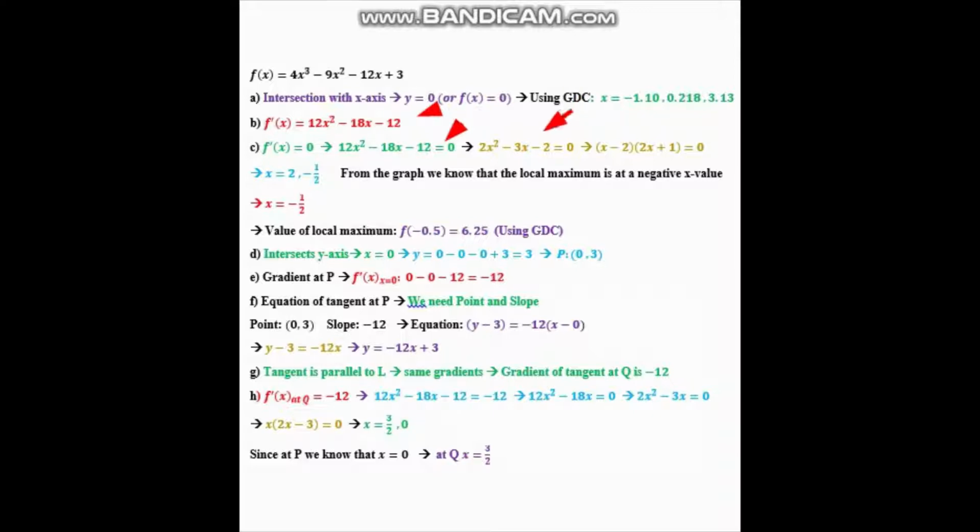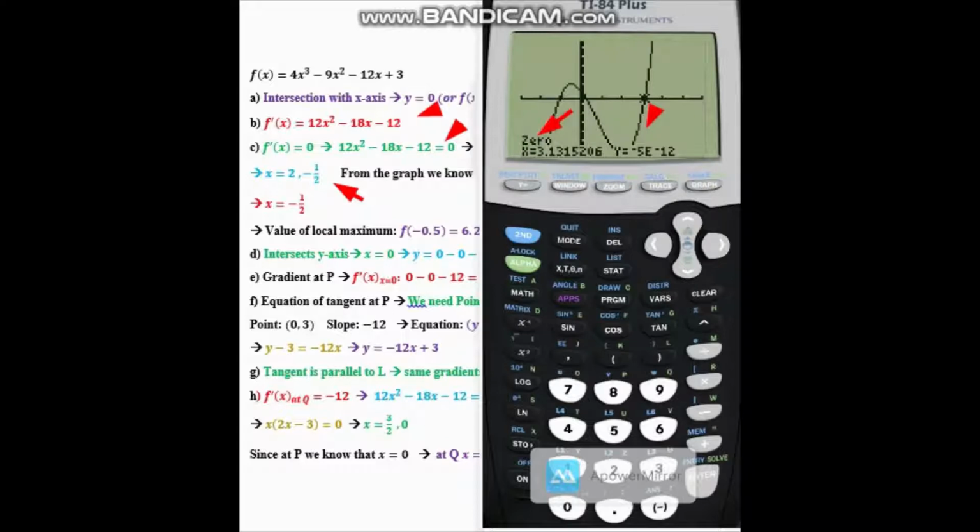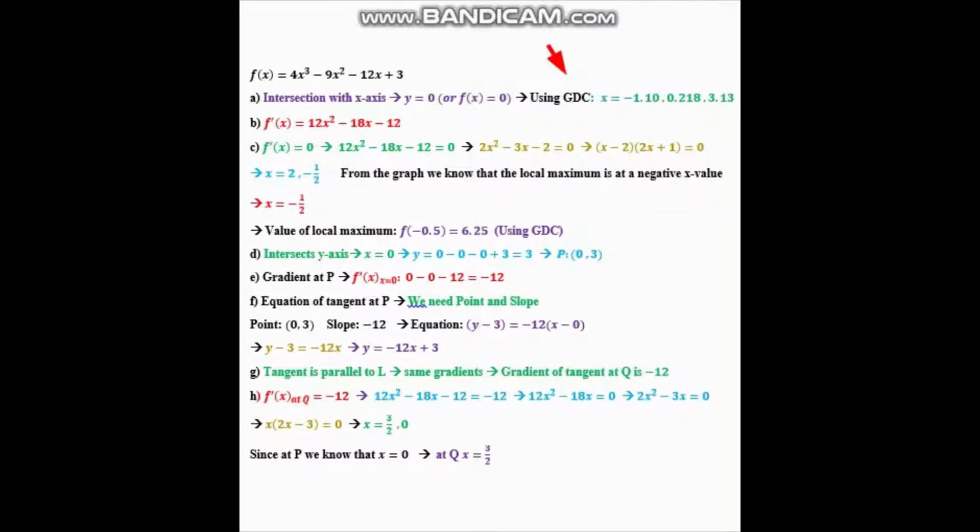I've divided all the numbers by 6, and then I have factorized. So the two x values are 2 and negative half. From the sketch of the curve, we know that the maximum point exists at a negative x value. Hence, the value that I shall choose is x equals negative half.